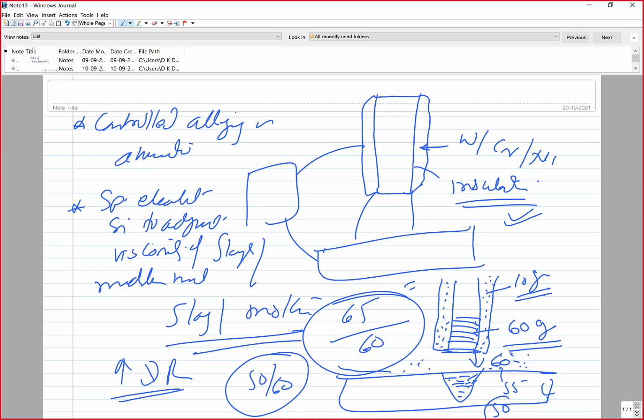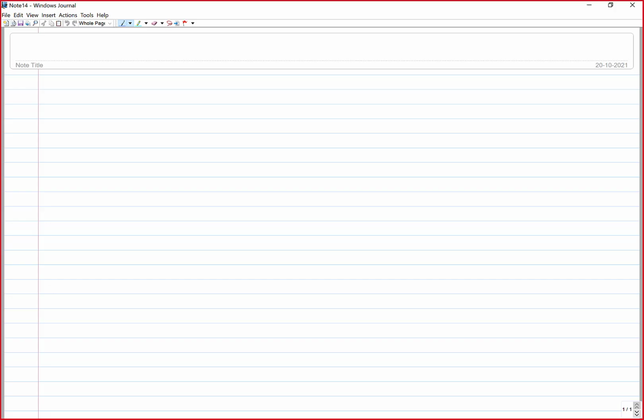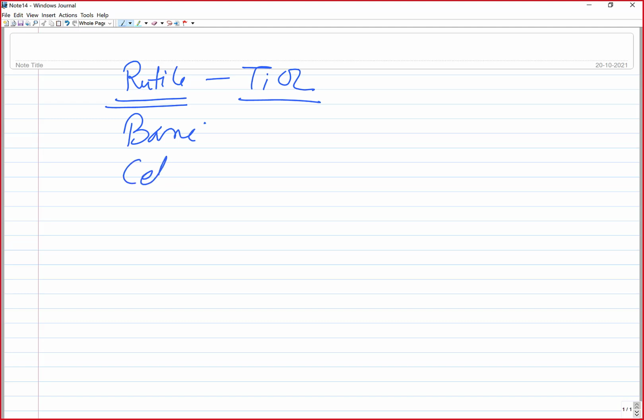The common types of coatings are the rutile type coating, which is basically titanium based, the basic coating, the cellulosic coating, and the acidic flux.